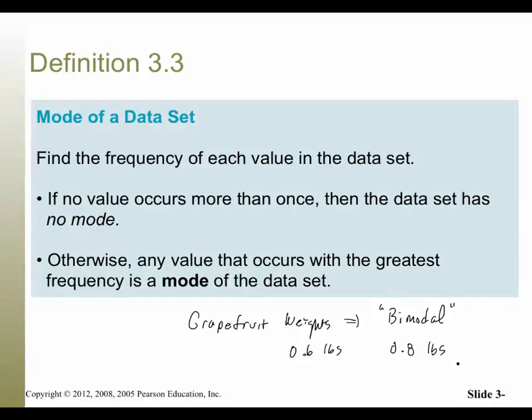Now, notice the mode is a data value. It's not a frequency. The mode is not expressing frequency. It's expressing a measure of center, so it's expressing a data value. So the mode is not 2 because there were 2 of each of those. The modes are 0.6 and 0.8 pounds.